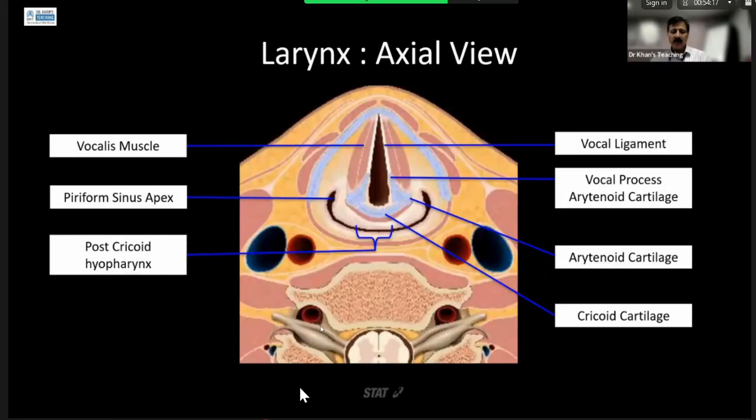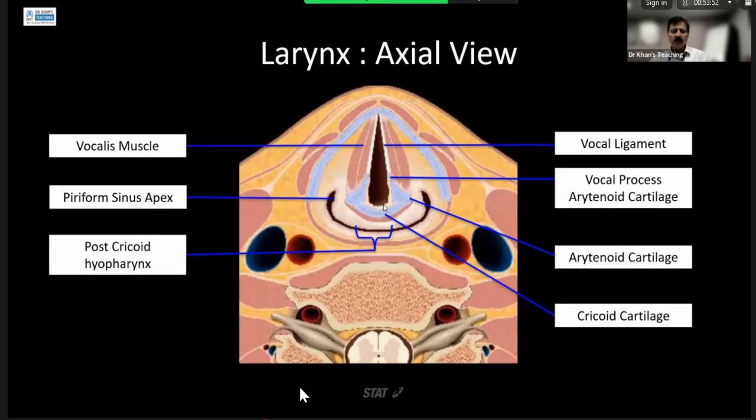And now, if you see the airway is boat shaped. This is known as anterior commissure, where the true chords meet anteriorly. This is the posterior commissure. Posterior commissure is the mucosal surface on the cricoid cartilage in between the two arytenoid cartilages.